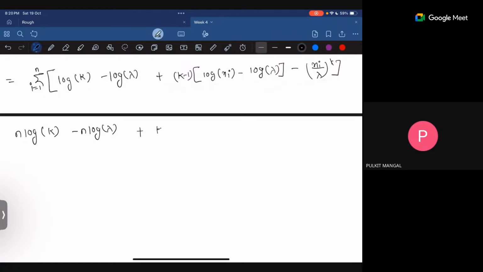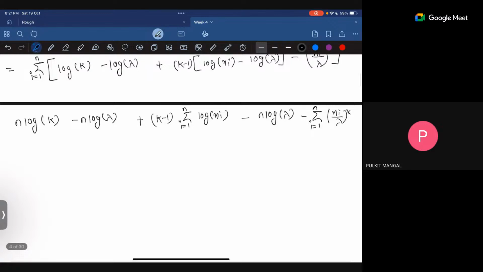So k minus 1 summation from i equal to 1 to n log of xi. Again, this term also does not have any xi, so we can directly write this as lambda, and summation from i equal to 1 to n xi by lambda power k. I hope it is clear till now.